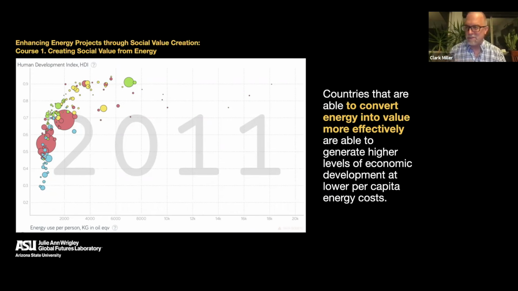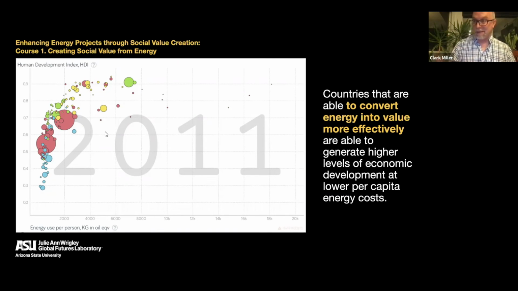And this, by the way, is also true for economic growth. If you measure this in terms of GDP instead of in terms of HDI, you see a very similar kind of curve. This curve measures, in effect, the ability of countries to convert energy into human development or into economic development, and how effective they are at that.